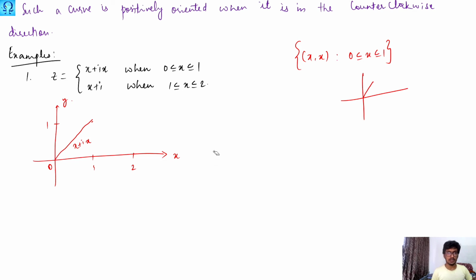Next, in this interval 1 to 2, what is going to be the case? It is x comma 1, let me draw that in a different color. It is the collection of points x comma 1 where x lies between 1 and 2. In the graph from 1 to 2, your second coordinate, the y value, is fixed at 1, and x is varied.